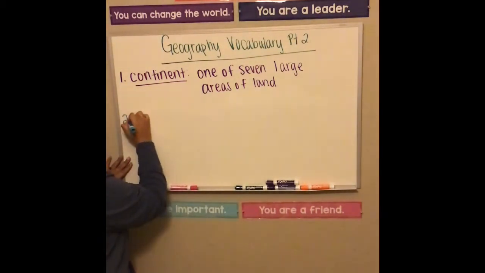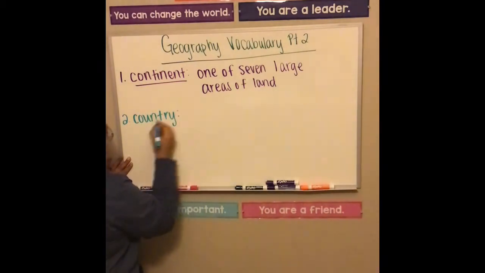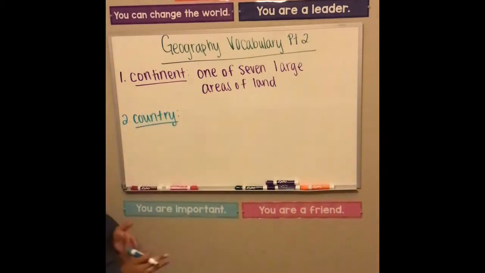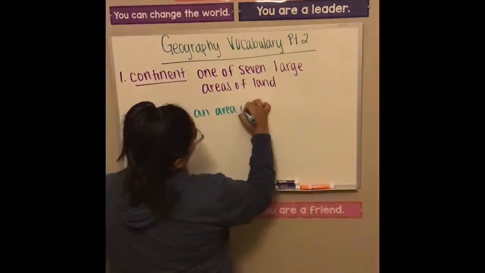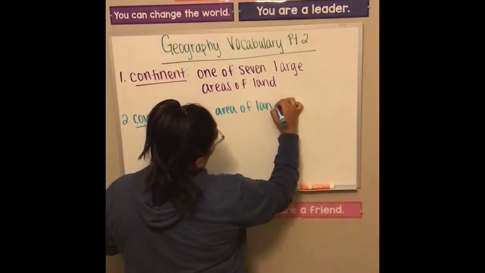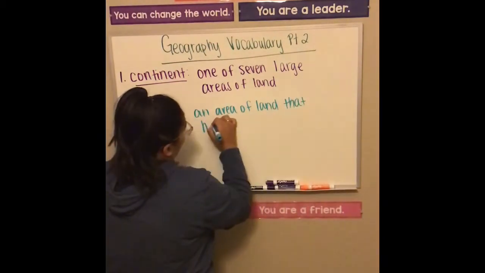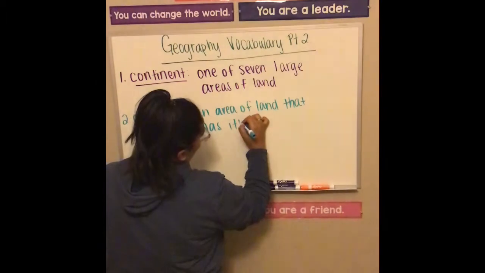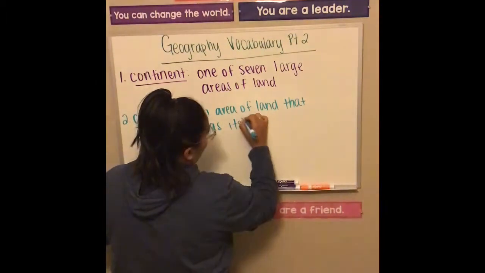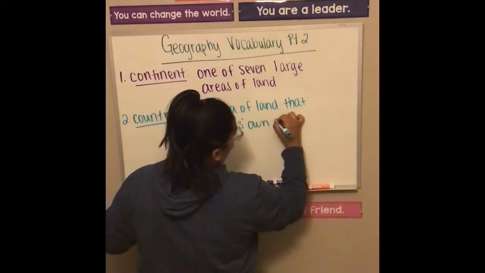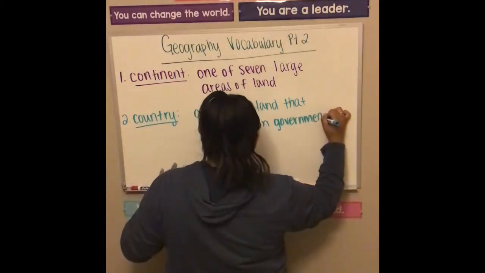A country is an area of land that has its own government.